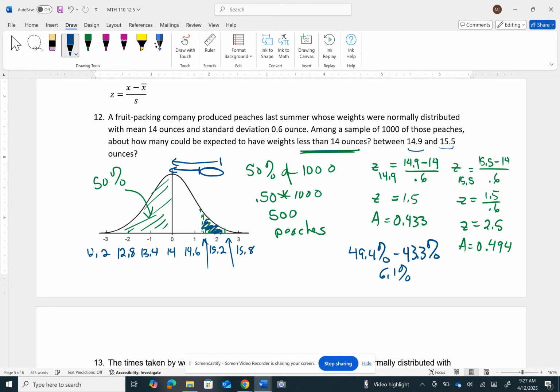So I know 6.1% of the peaches would have weights between 14.9 and 15.5, and my sample consists of 1,000. So when I do 0.061 times 1,000, I actually get around 61 peaches. Okay. So what's happening on these problems is you have that added step of having to find the z-score first.